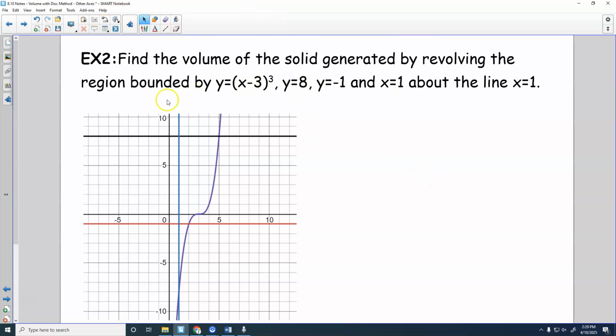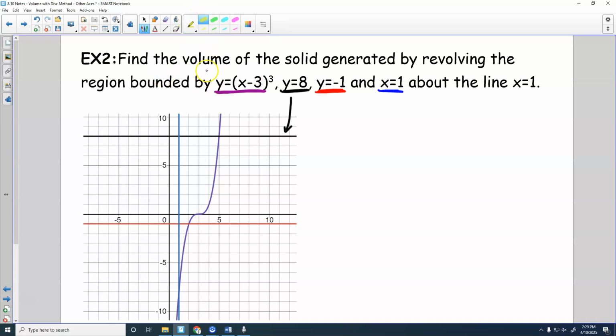So in this case, they've already graphed this for us. The purple right there is the cubic. The y equals 8 is that black line right here. Y equals -1 is the red line. And then x equals 1 is the blue line.